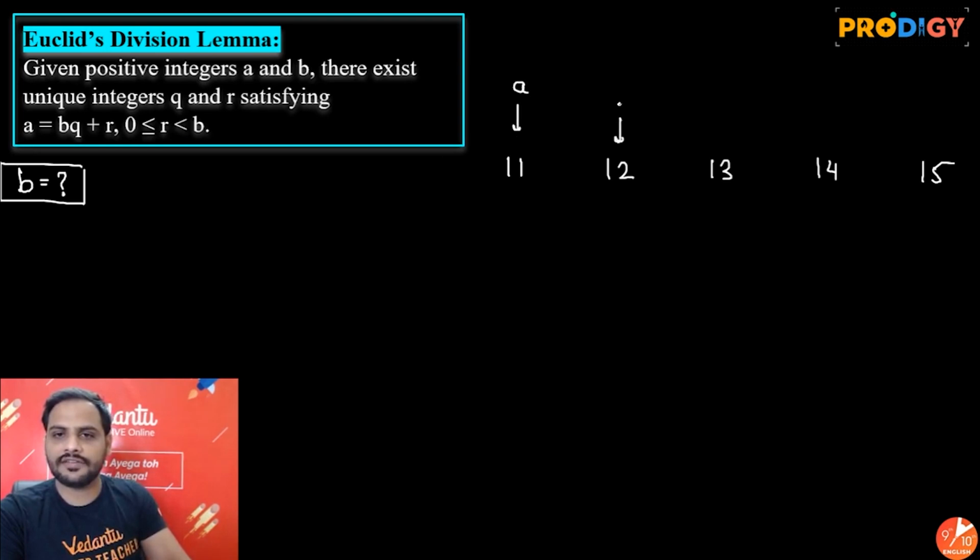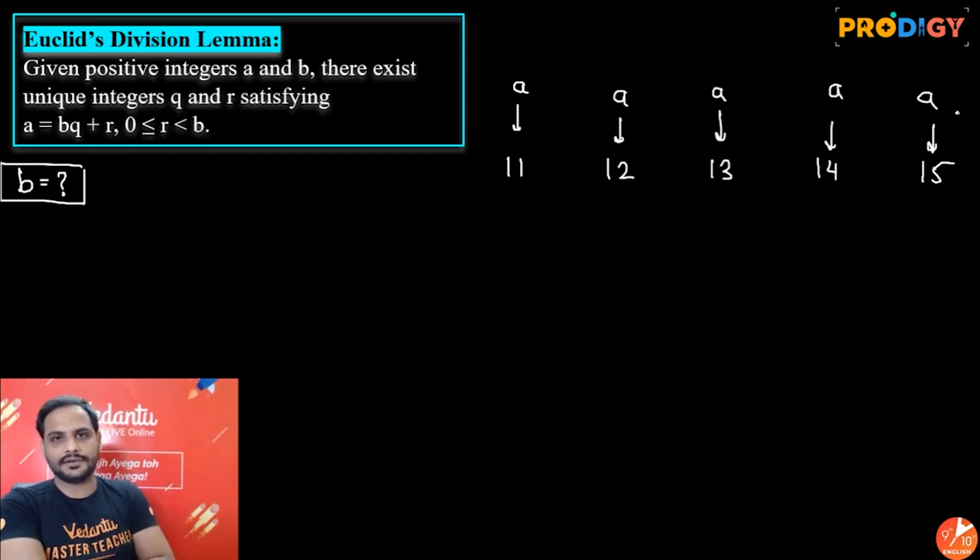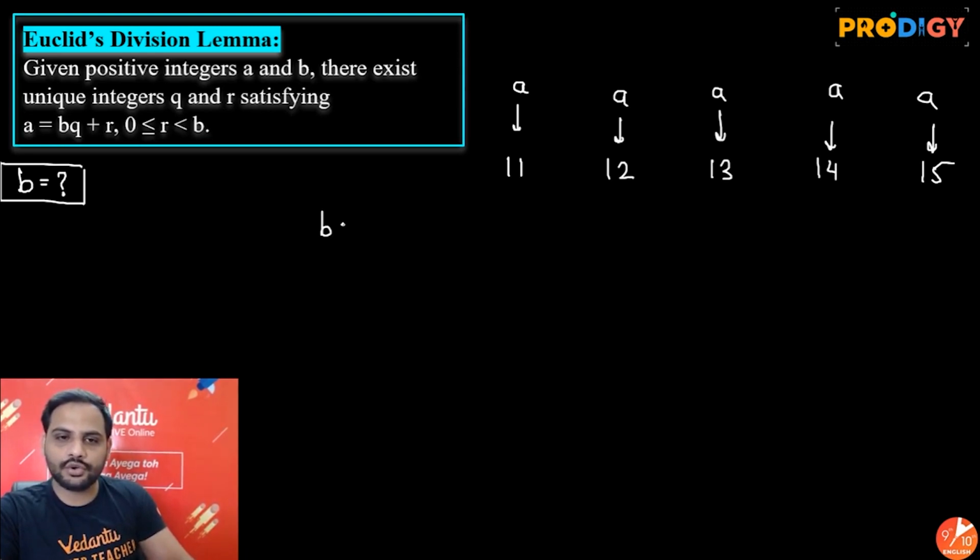In the first case, A will be 11, 12, 13, 14 and 15, and we'll look at the values of Q and R. If I choose B as 2, then 11 divided by 2: 2 fives are 10, remainder 1.